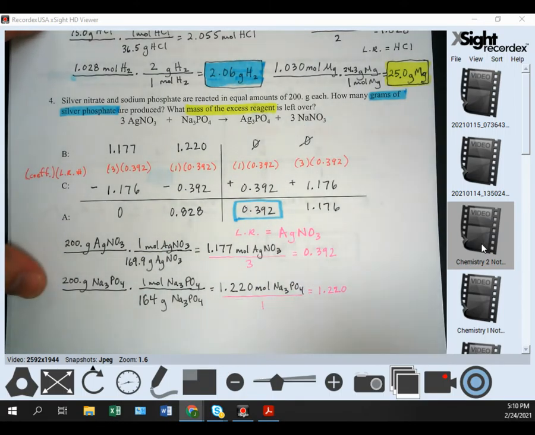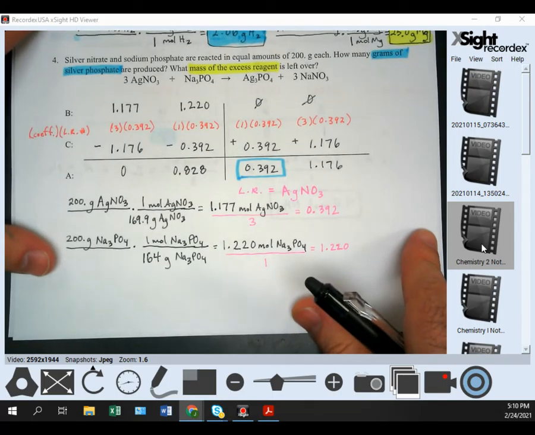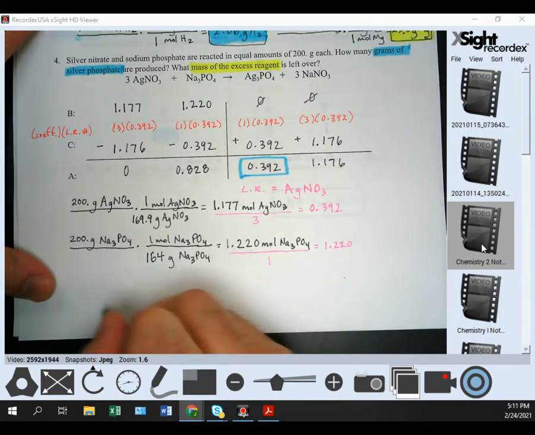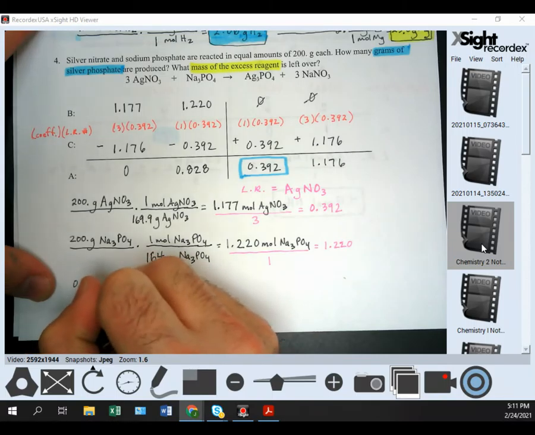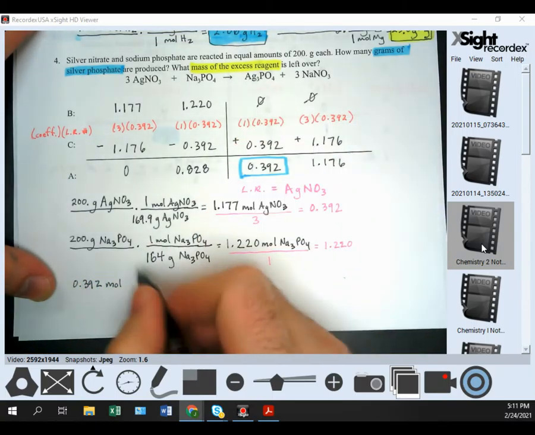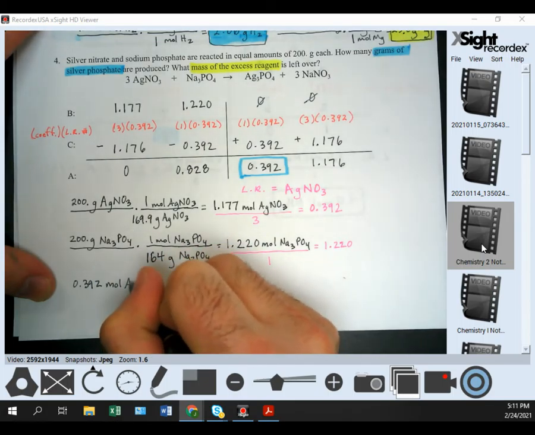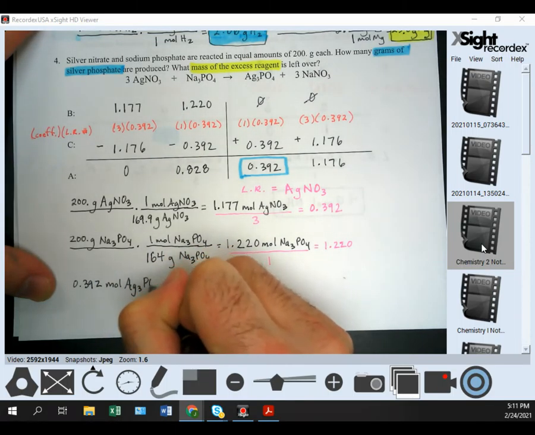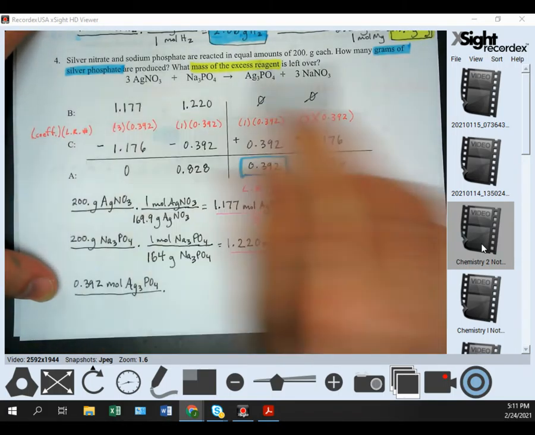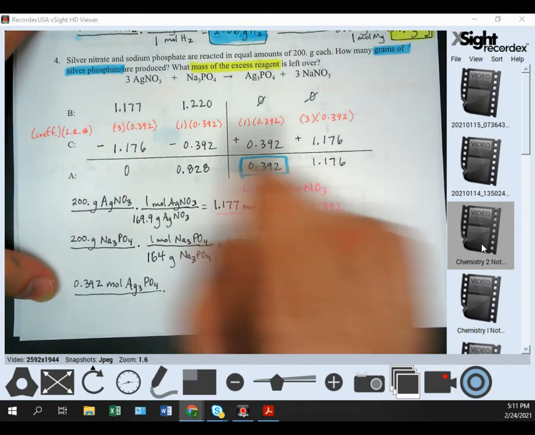So we're going to do conversion. Hopefully you guys can still see all this. You're going to start with the 0.392. That's moles of Ag3PO4. And we're going to turn that into what we want, which is grams of silver phosphate.